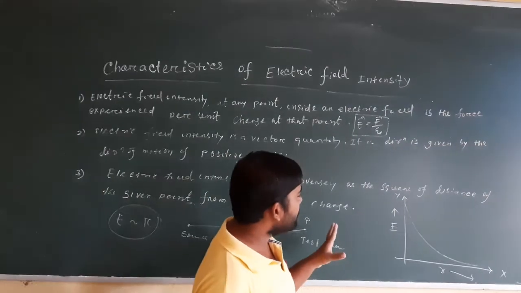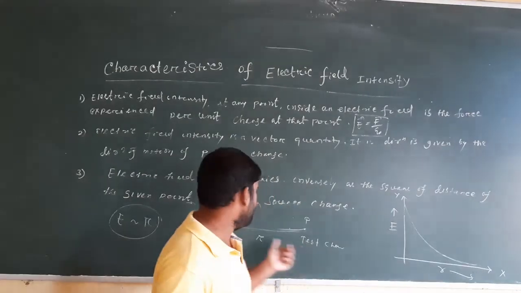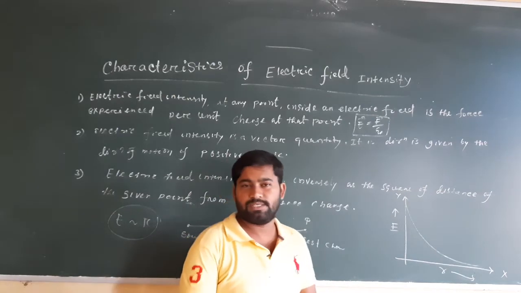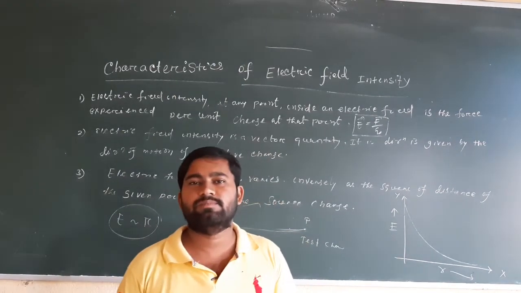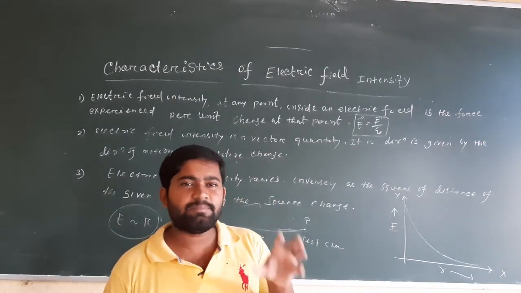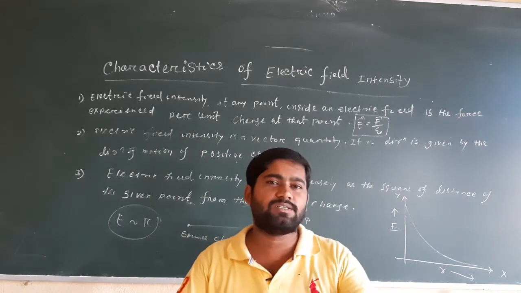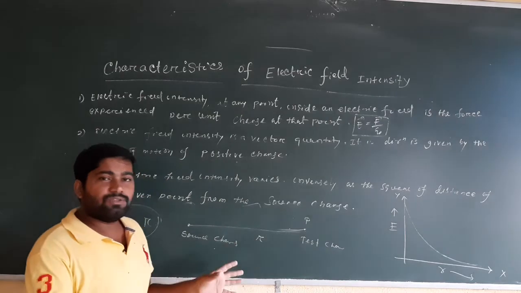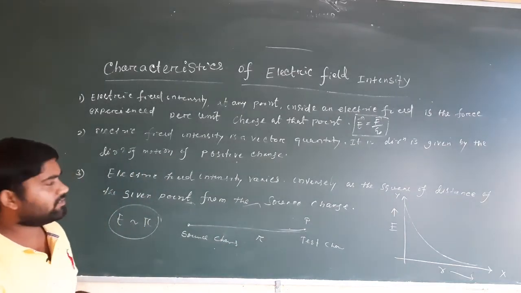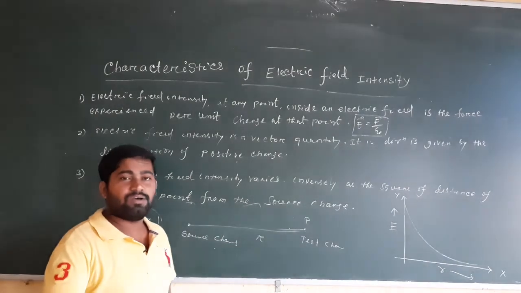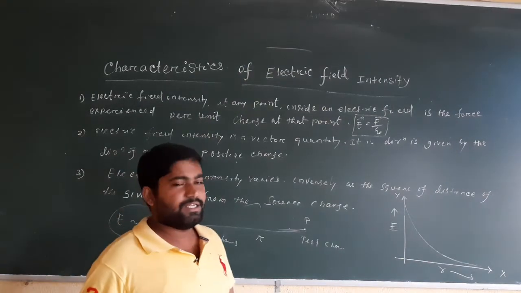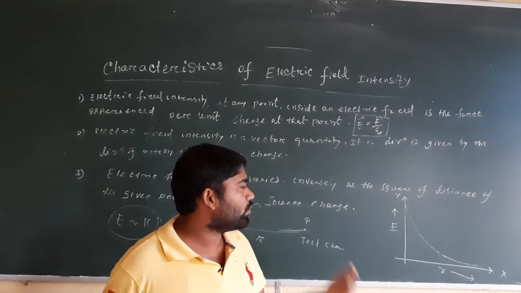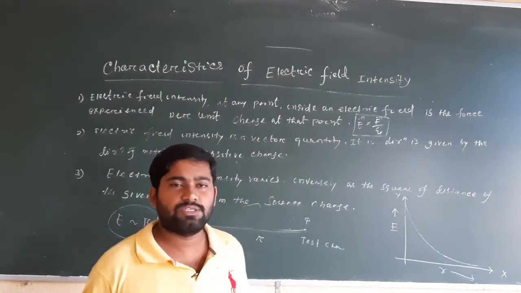There is a mathematical relation between the electric field and the distance from the source charge, and this can be obtained when we take the magnitude of a source charge, which we will discuss later. The electric field intensity varies inversely to the distance between the source charge and the test charge.